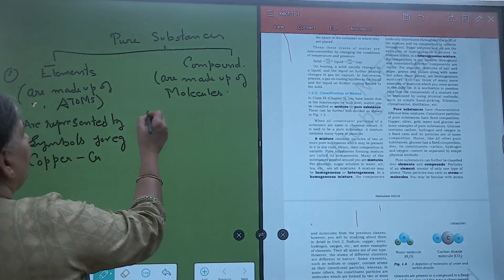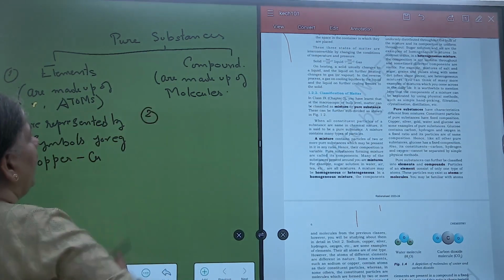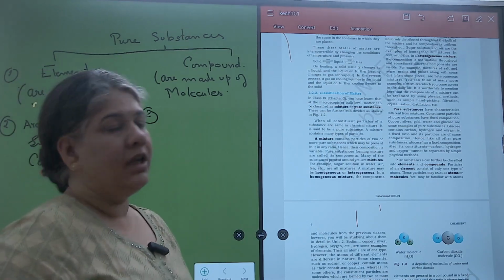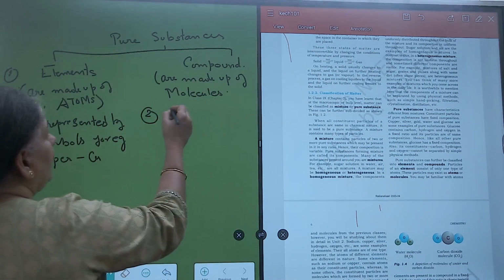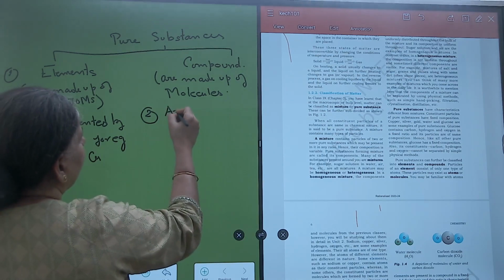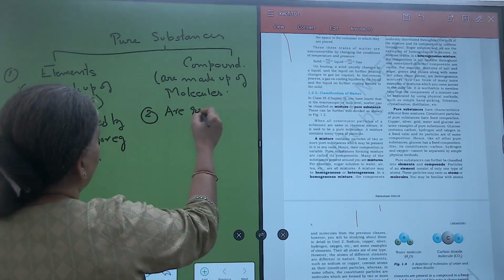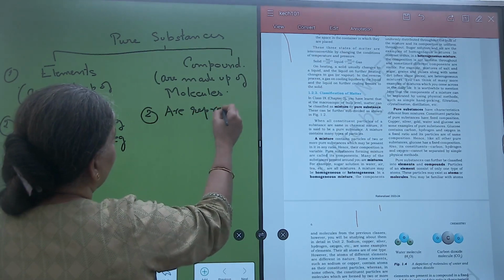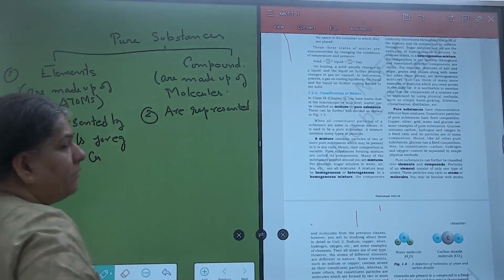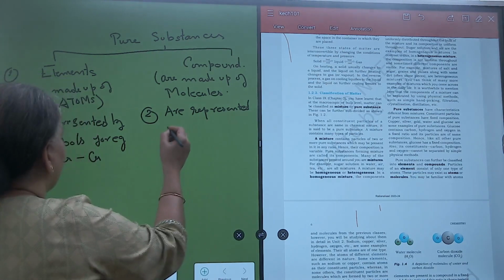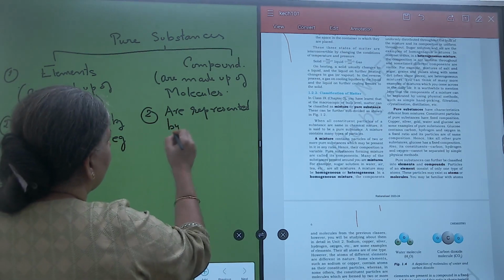Similarly, compounds, that is molecules, which have a fixed formula, are represented by a formula.